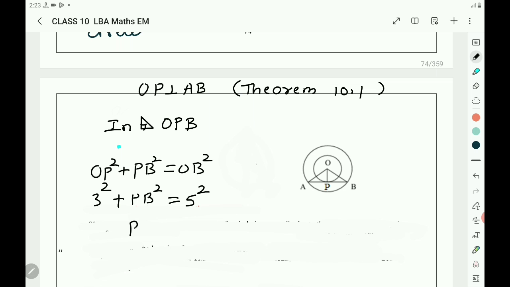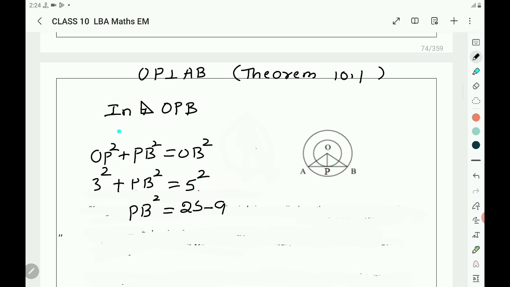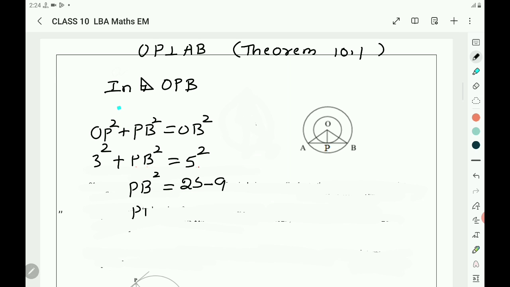Then you write PB square equals 5 square minus 3 square. 5 square is 25 minus 3 square, which is 9. 25 minus 9 is 16.